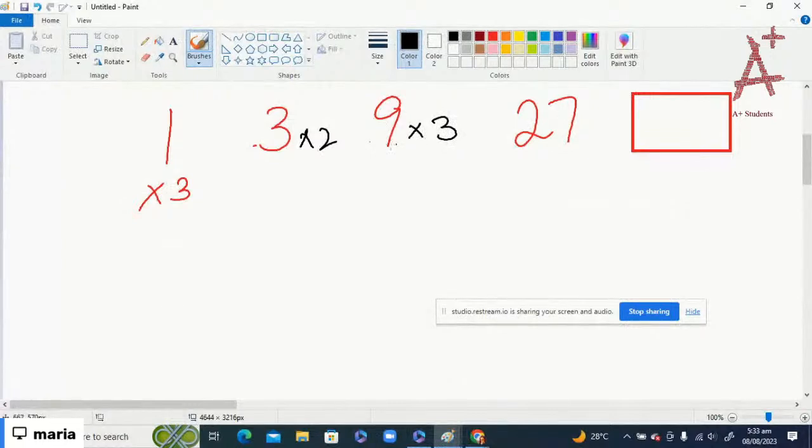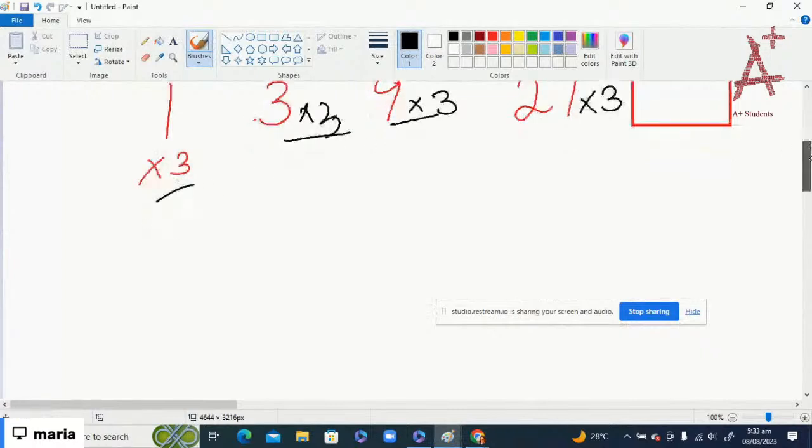Just multiply the numbers with 3. 27 times 3, let's check.